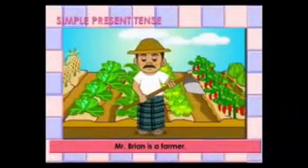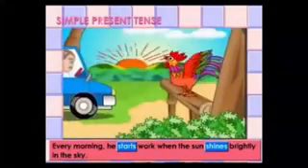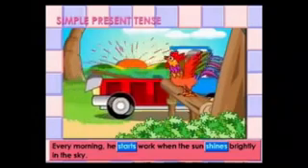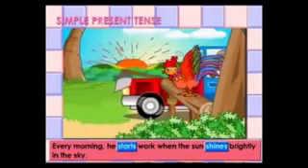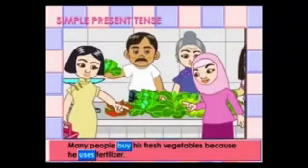Mr. Brian is a farmer. Every morning, he starts work when the sun shines brightly in the sky. Mr. Brian plants a lot of vegetables. Many people buy his fresh vegetables because he uses fertilizer.